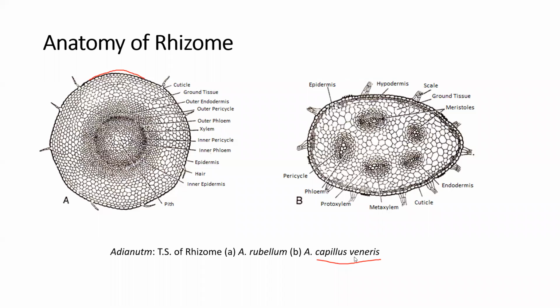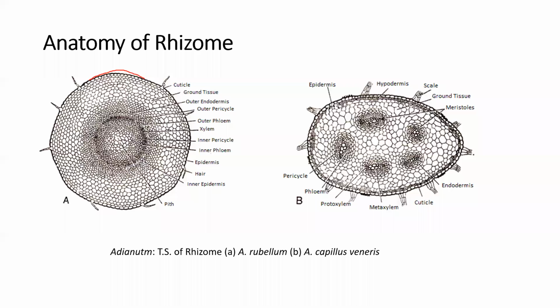In Adiantum capillus veneris, dictyostele type of stelar organization takes place. Basically, in the stelar organization of Adiantum, sometimes siphonostele, solenostele, as well as dictyostele are found in the transverse section of the rhizomes.